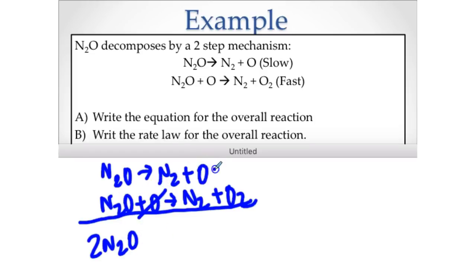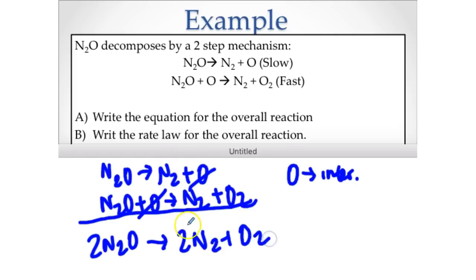O is on the left and the right, so O is going to be our intermediate. I know the question doesn't ask for it, but I'm just going to tell you that that's what it is. And N2 is on both sides on the right, so you add them up, and you have O2. So this is the overall equation.